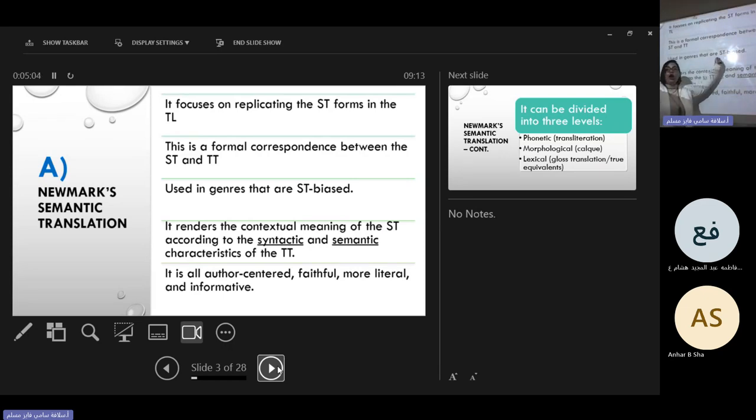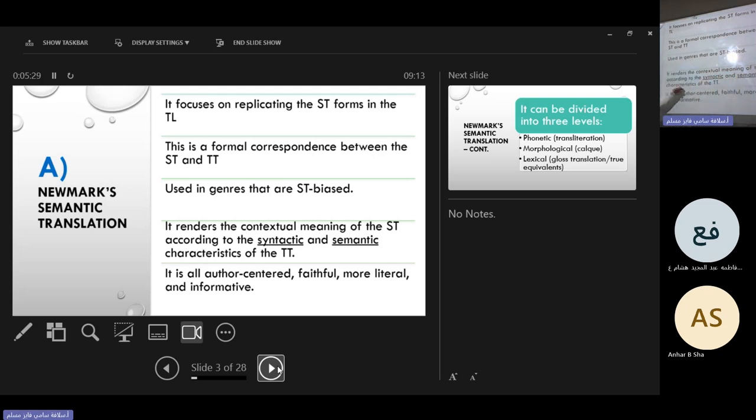It renders the meaning of the source text according to the syntactic and semantic characteristics of the target language. Syntactic means the structure, the grammar, and semantic the form of the word.